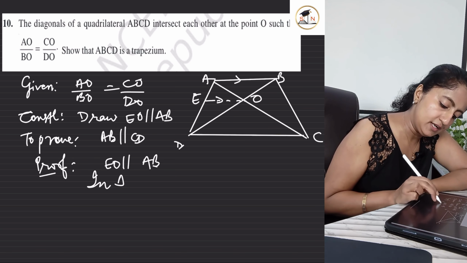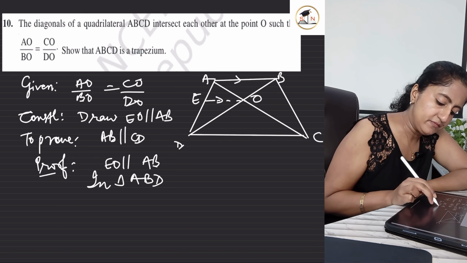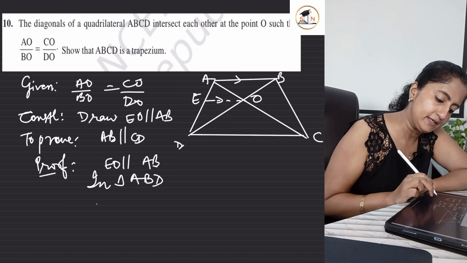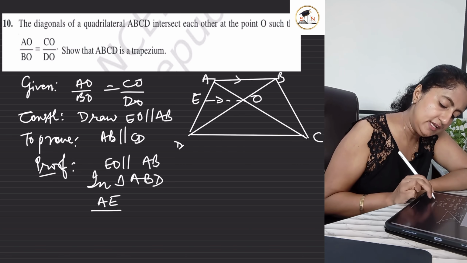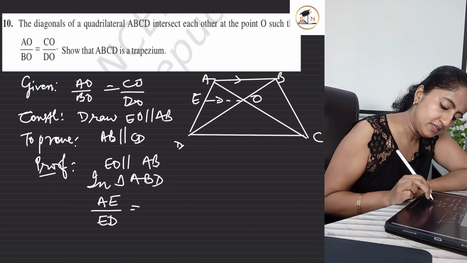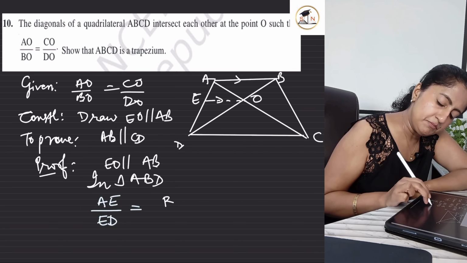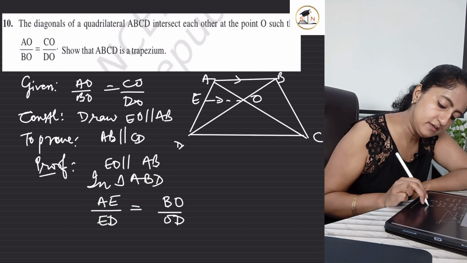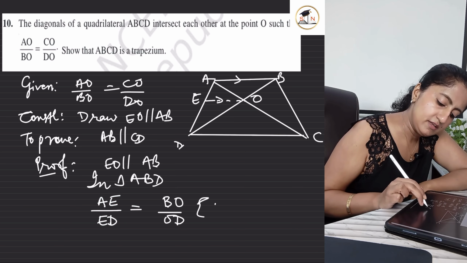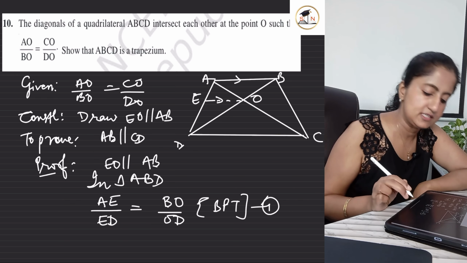So in triangle ABD, what do we get? We get AE over ED equals BO over OD by BPT, right? This is marked as 1.